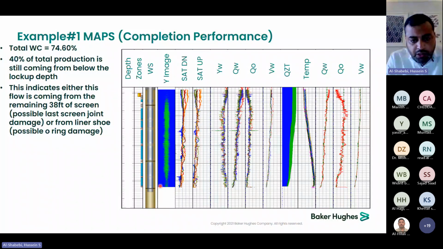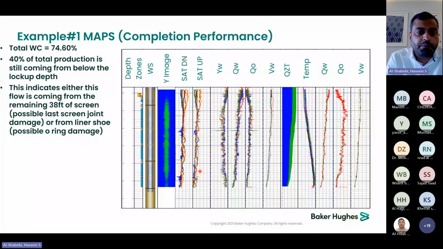What we can see over here is that we logged up to around 38 feet above the end of the screen. From that, we can see that almost 40% of production is coming at the maximum depth that we reached. So there are two options: either the last 38 feet that we couldn't log is damaged, which is why it is producing a high amount of liquid, or the plug at the bottom of the completion is leaking and it is still producing that amount of water and a small amount of oil.